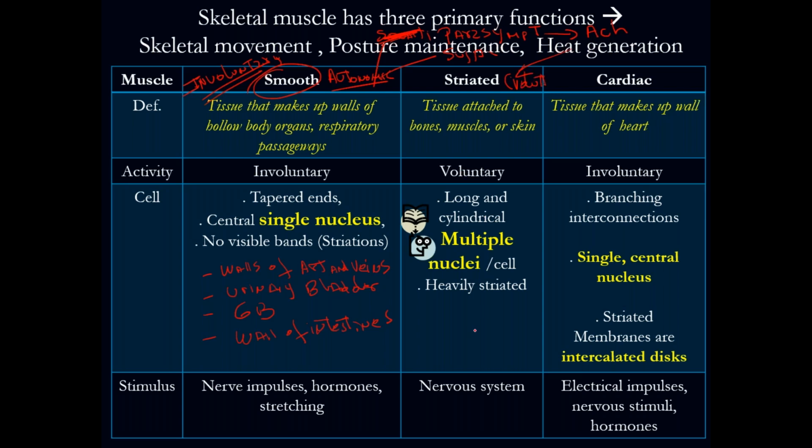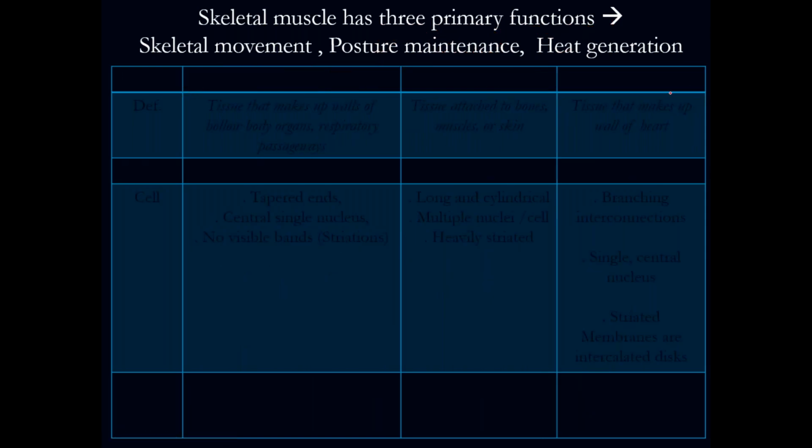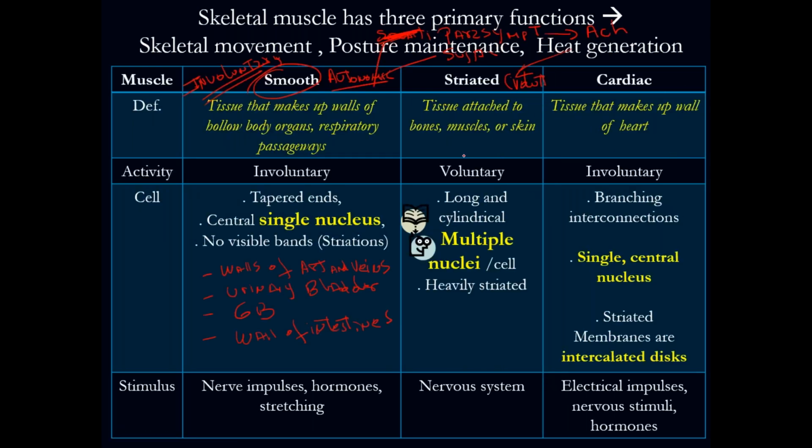So if you remember what we were talking about, let me organize this. The peripheral nervous system is going to be the somatic and the autonomic, correct?